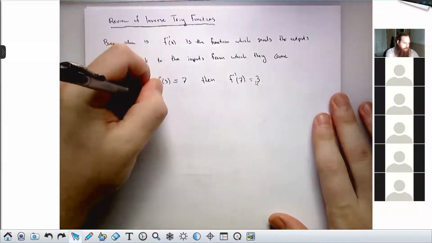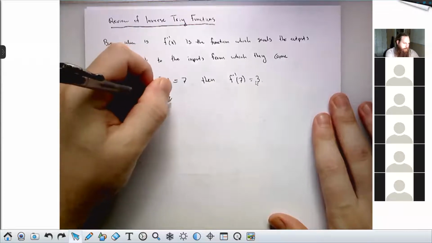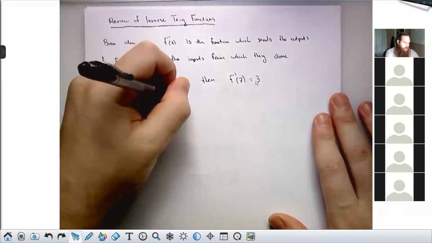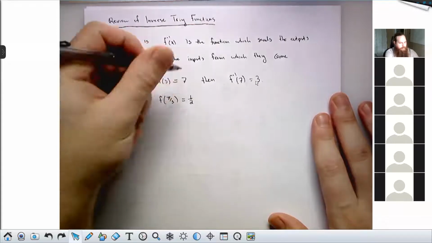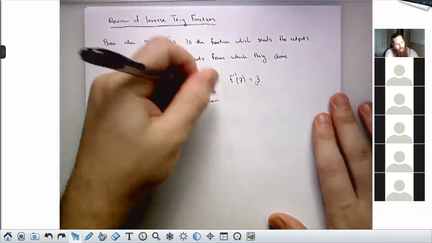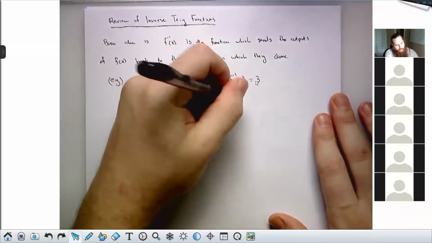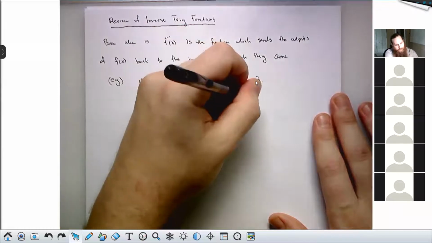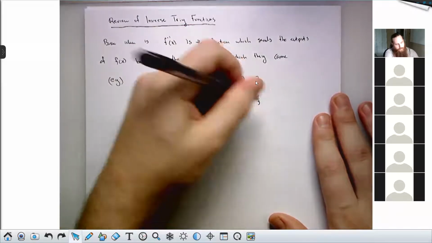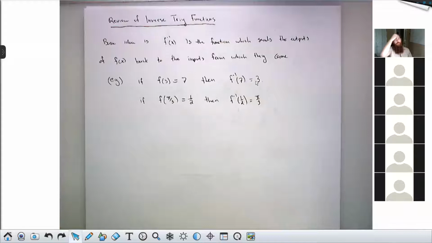Or if f of pi over 3 is 1/2, then f inverse of 1/2 would be pi over 3. This sort of stuff.